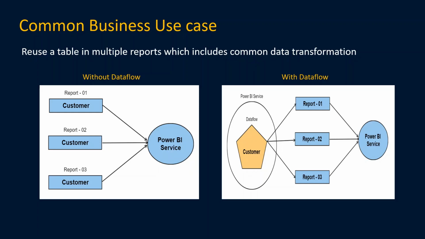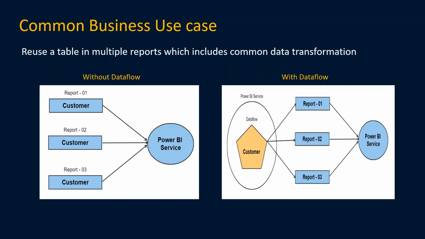You guys might have one question: we have added the customer table into the data flow, what about the data update? How will the data be updated? So the schedule refresh can also be done for a data flow. I mean, we can set up the schedule refresh based on different intervals, and that can be decided by the business, like when it will be.